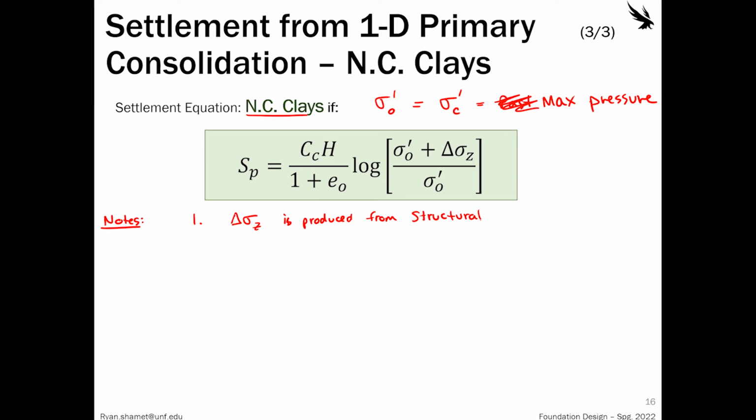This could be produced from the structural loads onto the clay layer. What we assume is it's acting on top of the clay layer.